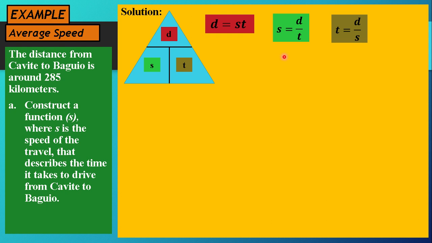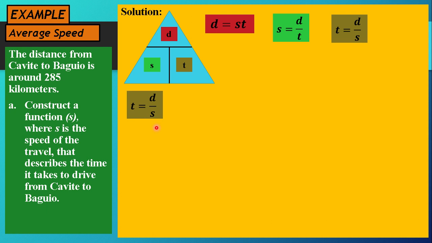Kung ang hinahanap natin ay yung speed, ang formula na gagamitin natin ay S is equal to D over T. At kung ang hinahanap natin ay time, ang formula na gagamitin natin ay time is equal to distance divided by the speed. So yung problem na sasagutan natin, ang unknown ay time. So therefore, ang gagamitin nating formula ay T is equal to D over S.